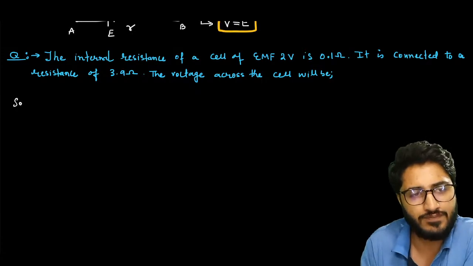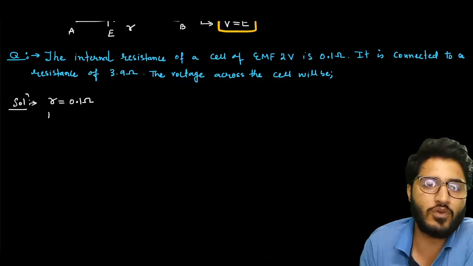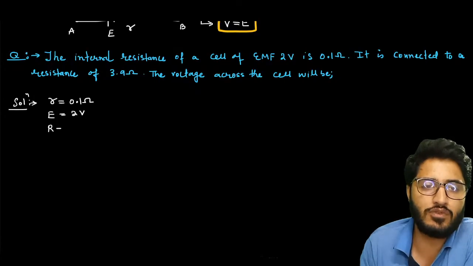Now solution. What is given to us? Sir, the internal resistance, so my small r is given to me. It is 0.1 ohm. Sir, EMF, so E is given to me. It is 2 volt. Capital R is given to me. It is 3.9 ohm.